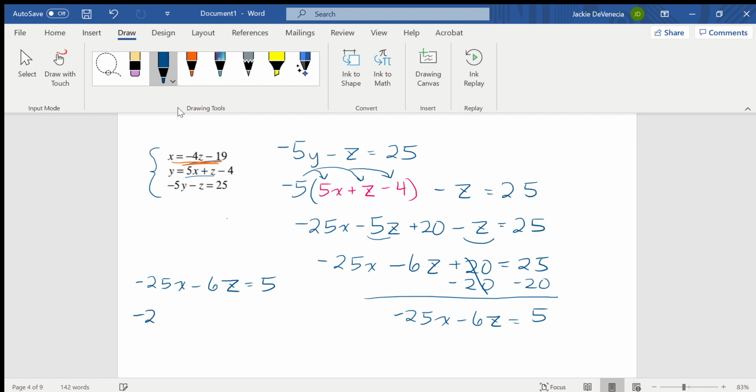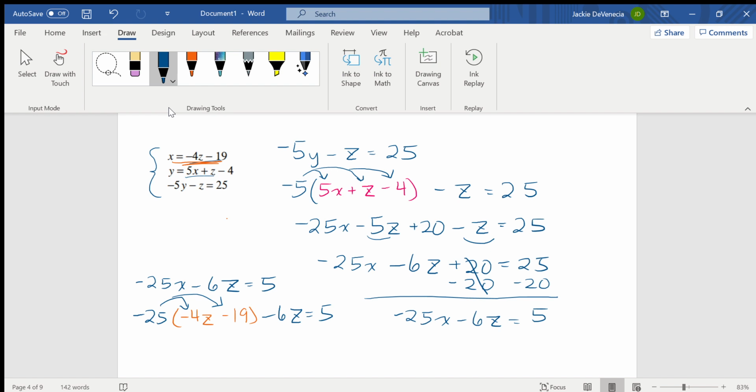And instead of writing x, I'm going to write negative 4z minus 19 minus 6z is equal to 5. Right? So I just exchanged that x for that equation, and I can go ahead and distribute.